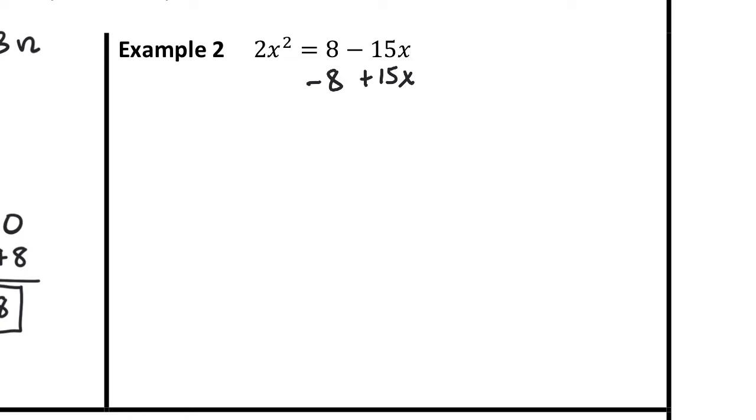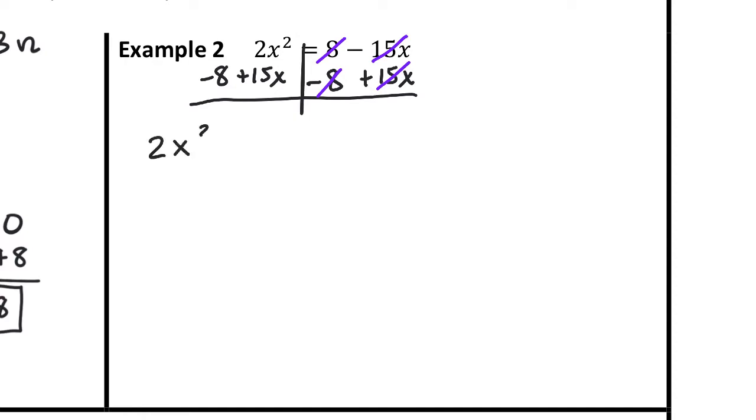So I'm going to do it in kind of a combination here by subtracting 8 on both sides and adding 15x on both sides, so that 8 minus 8 will cancel and negative 15 plus 15 will cancel, and I would end up with 2x squared plus 15x minus 8 equals 0.